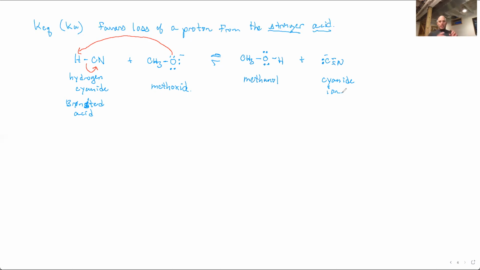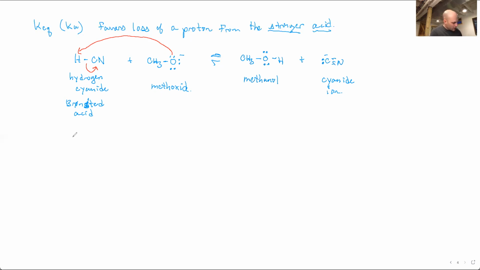Okay. And so given this reaction, we can very quickly predict which way it's going to proceed, if it's going to favor products or starting material. And the reason we can do that is that the pKa's of many different common acids are measured and widely available.